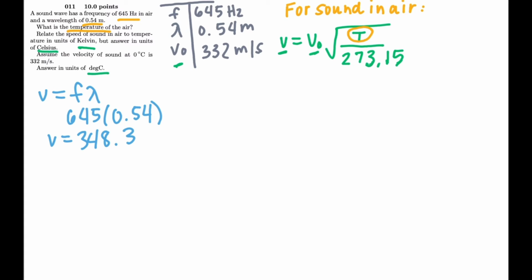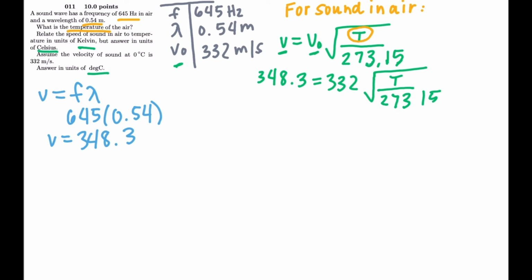Now we can plug all our numbers into our equation: 348.3 equals 332 times the square root of temperature over 273.15.